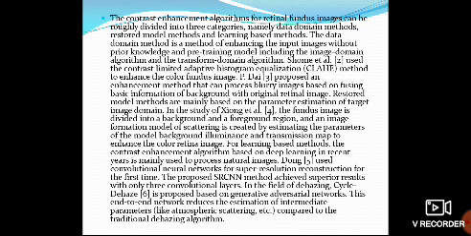In the study of Xiong, the fundus image formation model of scattering is created by estimating the parameters of the model background illuminance. In the field of dehazing, Cycle-Dehaze is proposed based on generative adversarial networks.